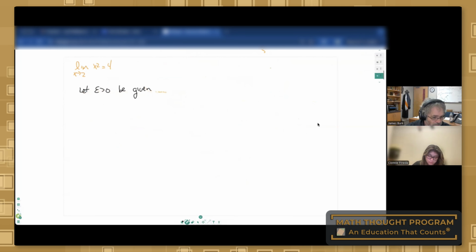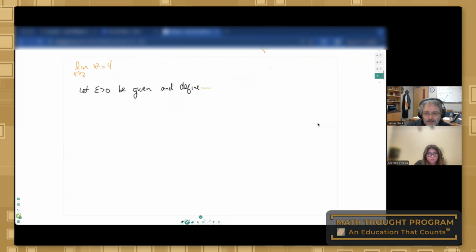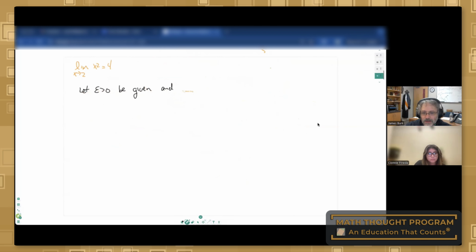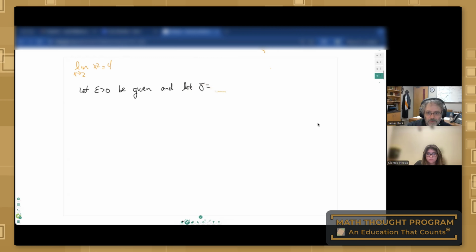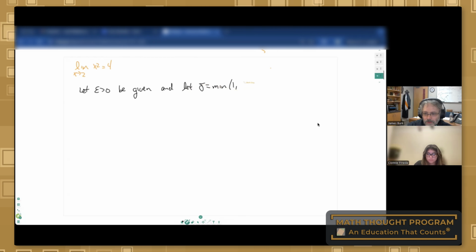So let epsilon be greater than 0 be given. And you can say define, you can say let, something along those lines. Let delta correspond to the minimum value of 1 and epsilon over 5.